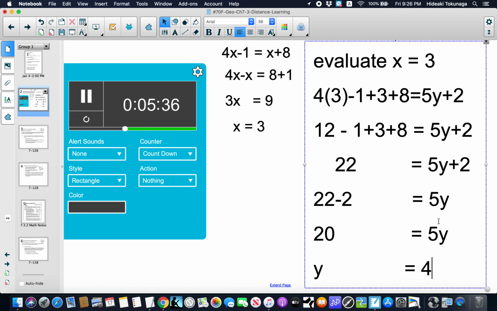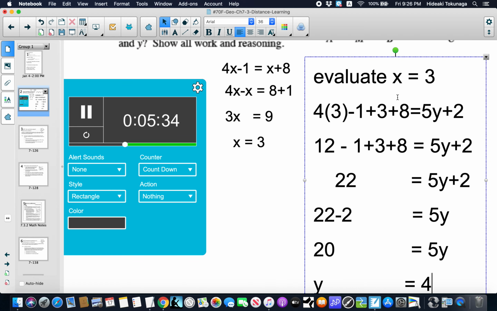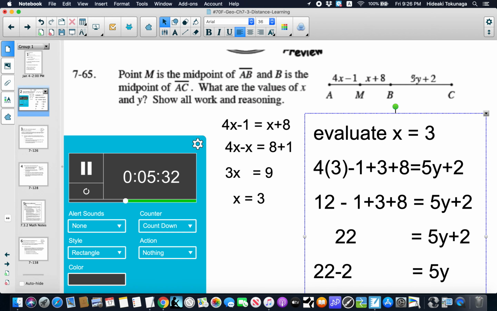Okay, take a look. If you plug in 5 times 4 plus 2, that is 22. So BC is 22. If you plug everything in with x equal to 3, this side must also be equal to 22.